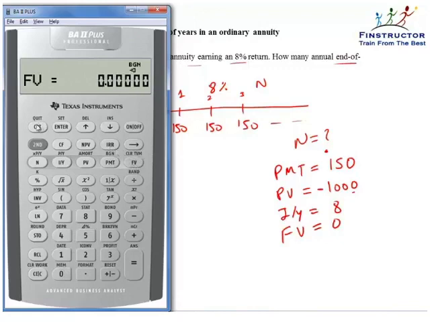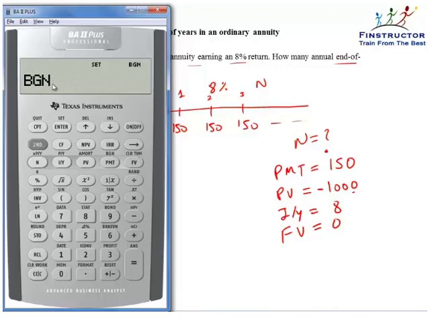And compute N. But before you press compute N, just ensure that your calculator is in the end mode. We see BGN flashing, that is, we haven't yet reversed the mode of the calculator. So press second and press PMT. We see BGN written.